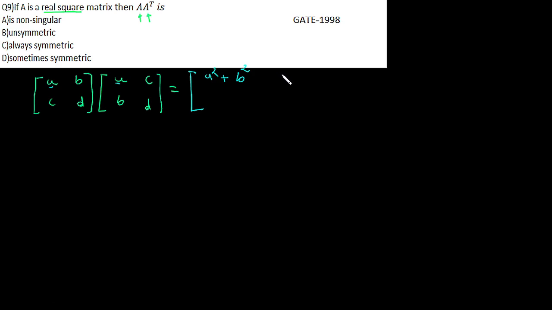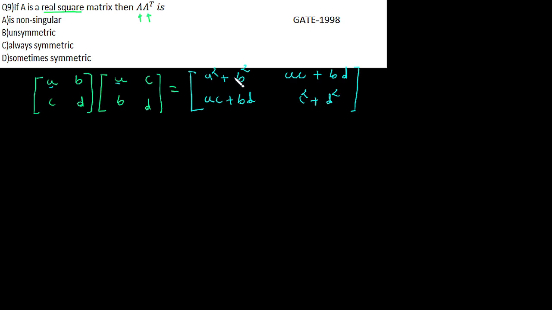Now for this second entry we have to multiply this A with C, so we get A times C plus B times D. Now for the remaining entry, we have to multiply this C with A. So again we get A times C plus this B with D. So BD. Now for the last entry, this C will multiply with this C. So we are getting C square here, and here we are getting D square.